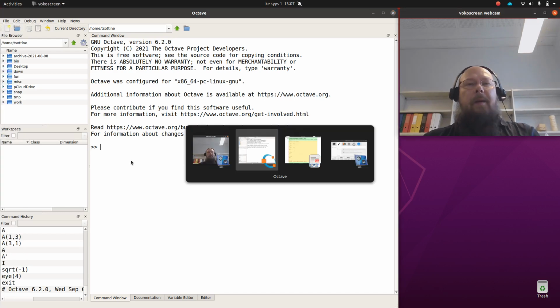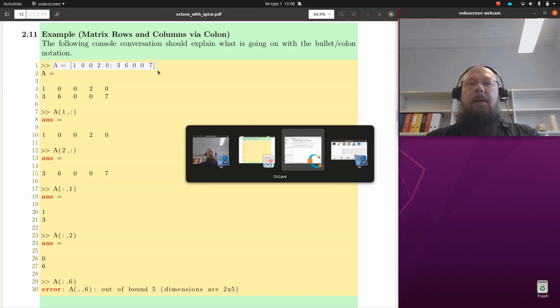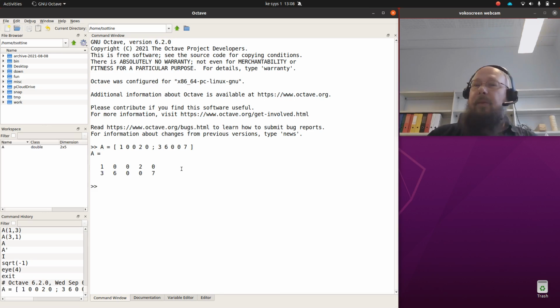So what do we have in example 2.11? Let's have just some matrix. Now I try something courageous: I just try to copy paste. Let's see if it works. Here is the first row like this, and the second row like this. Let's press enter, and okay, it worked.